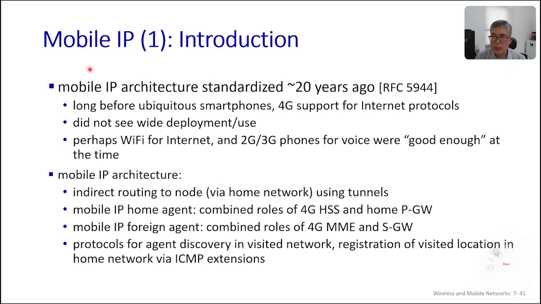Okay, so we saw some handover in 4G LTE. From now on, we will take a look at mobile IP. Mobile IP is a solution for wireless LANs. The mobile IP architecture was standardized 20 years ago, in RFC 5944, long before ubiquitous smartphones and 4G support for internet protocols.